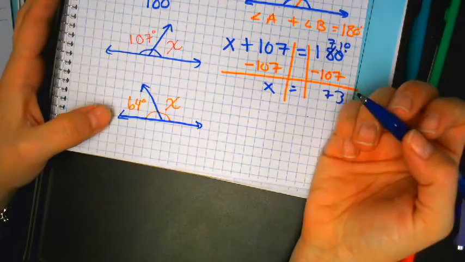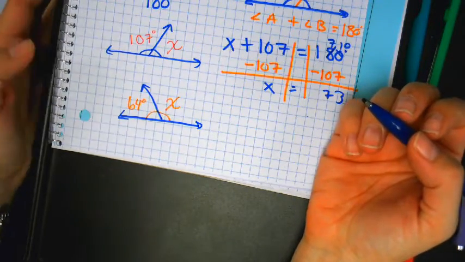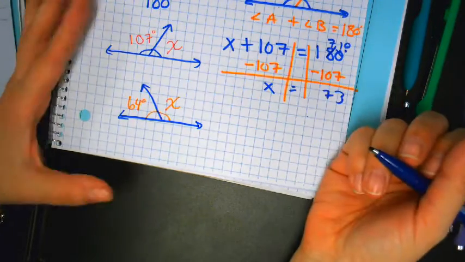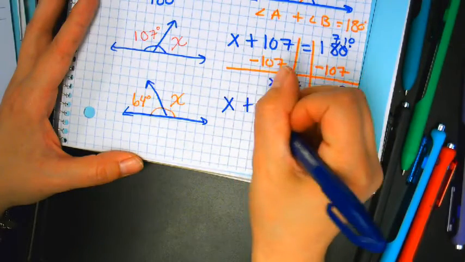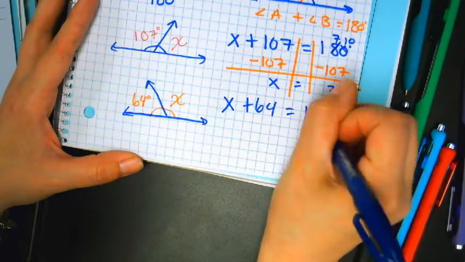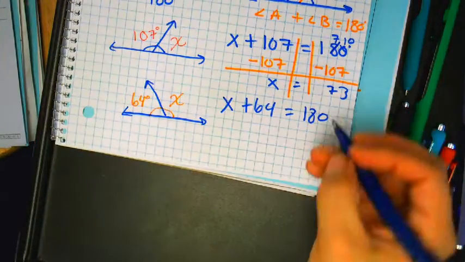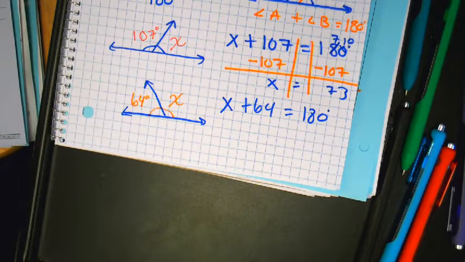64 degrees. So what do I write down? What's my equation? Can I write 64 plus x? Is that the same thing? Yes, it's the same thing.